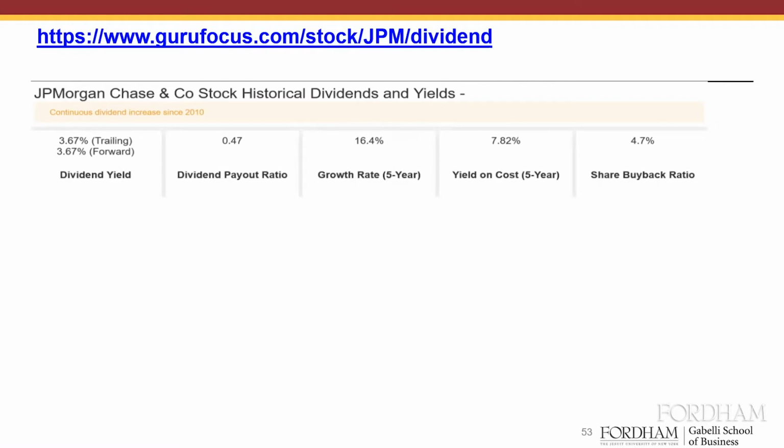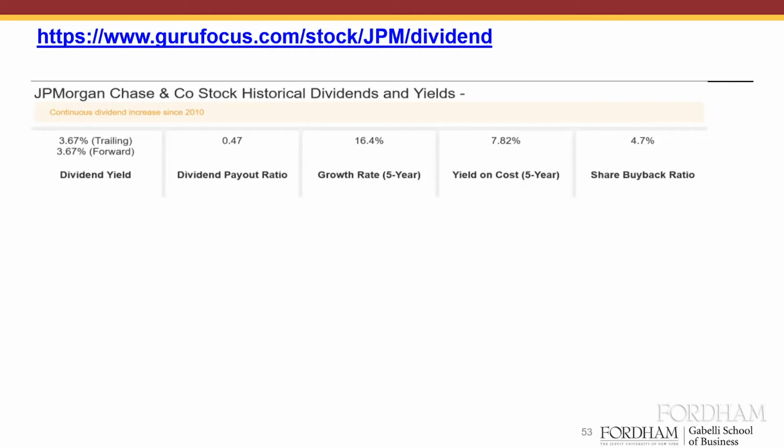And the expectation in the market is that on a forward basis, looking into the next 12 months, the dividend yield is also 3.67. Okay? And here we have the dividend growth rate for the last 5 years at 16.4%, right? And the share buyback ratio at 4.7%.